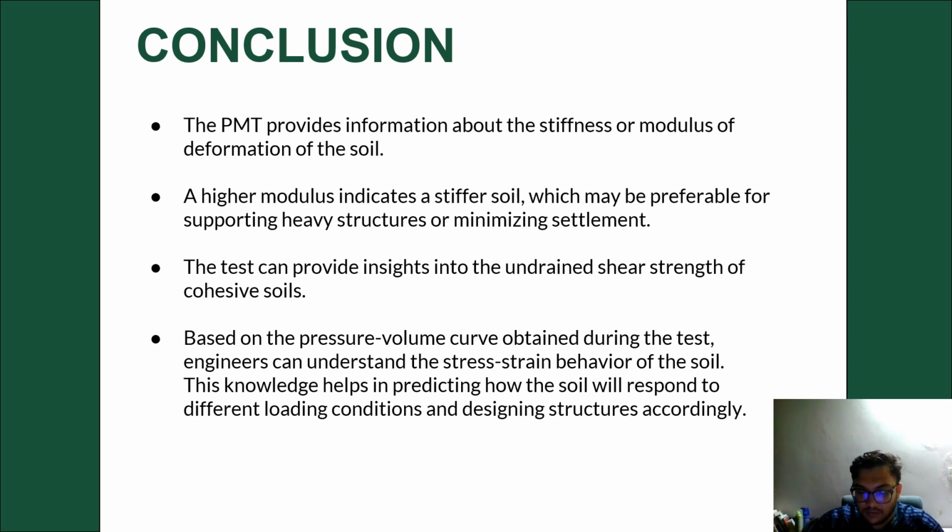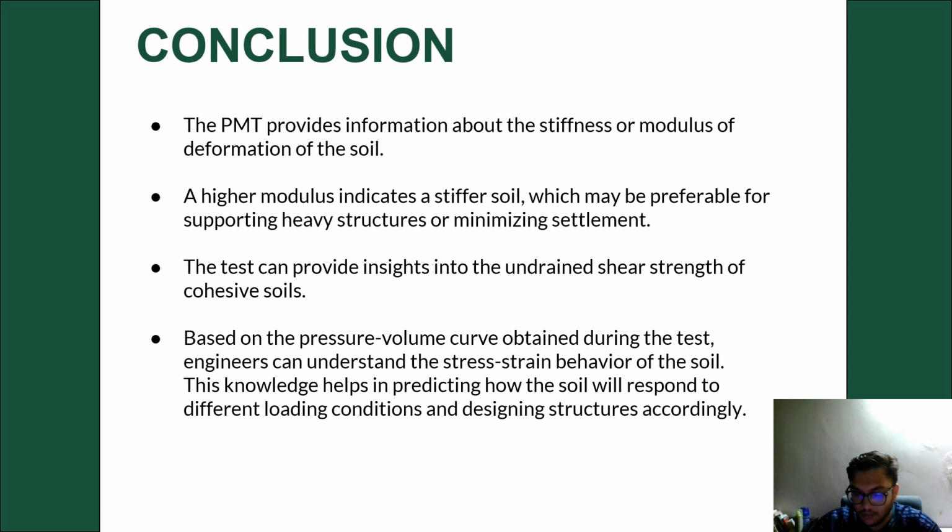Then, the conclusion. The PMT pressuremeter test provides valuable information about the stiffness or modulus of deformation of the soil. A higher modulus indicates a stiffer soil, which may be preferable for supporting heavy structures or minimizing settlement.